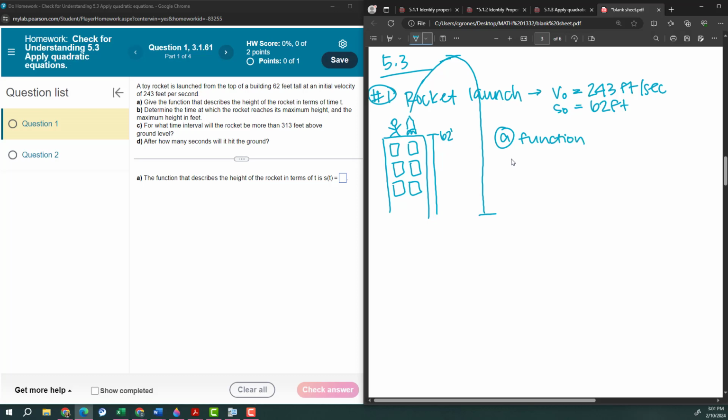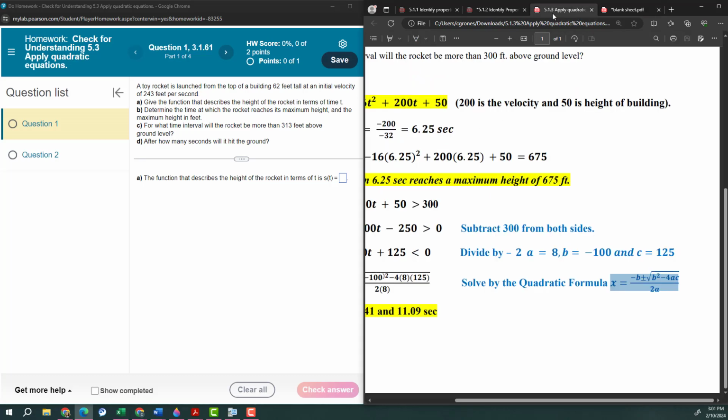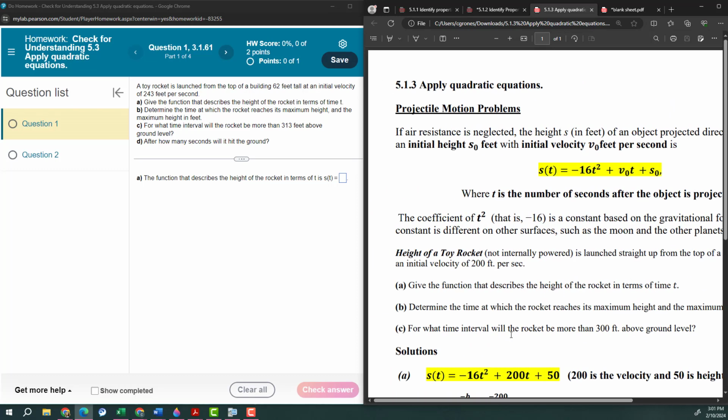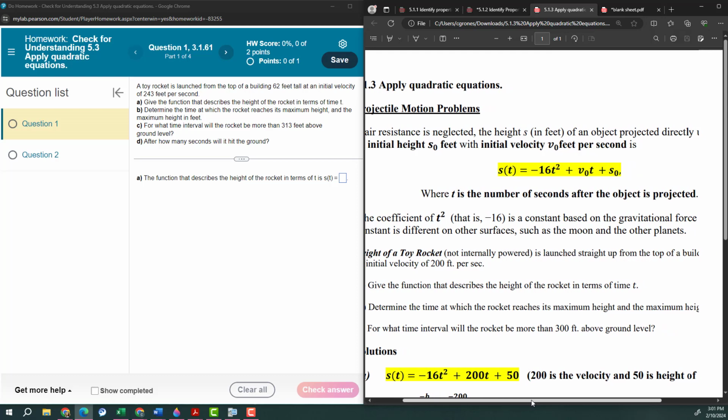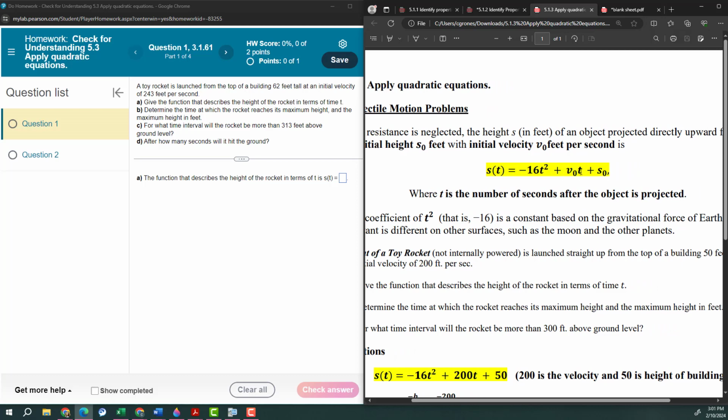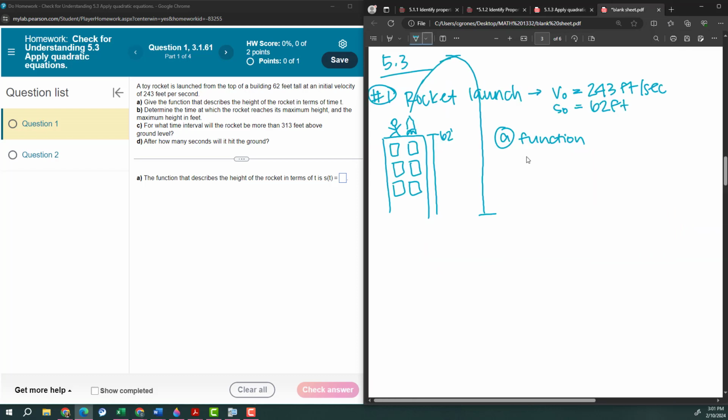So we are going to use the equation given to us in 5.3 notes. S of t equals -16 t squared plus our initial velocity times t plus our initial height.